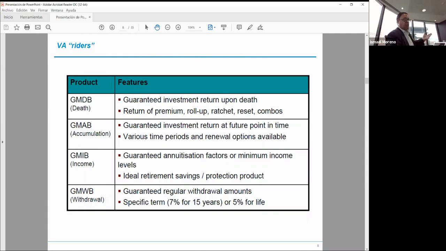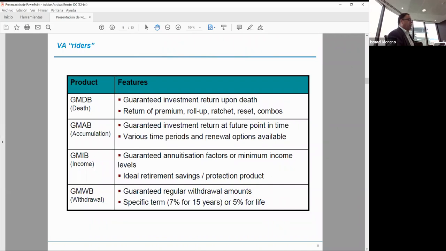You would have that additional money to spend, and normally for a lifetime, normally up until death. So that's an annuity. And with a GMIB, what you obtain is the guarantee to buy a minimum income in the form of an annuity.